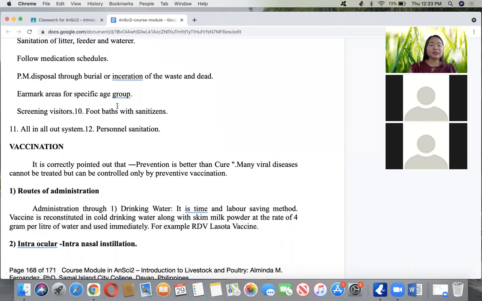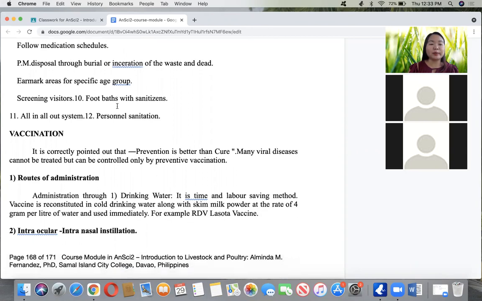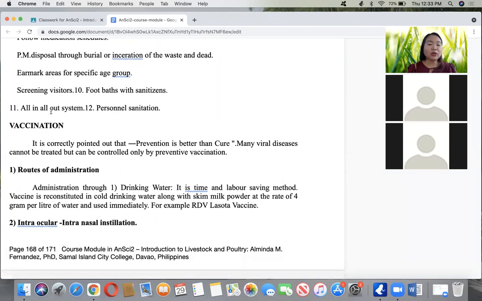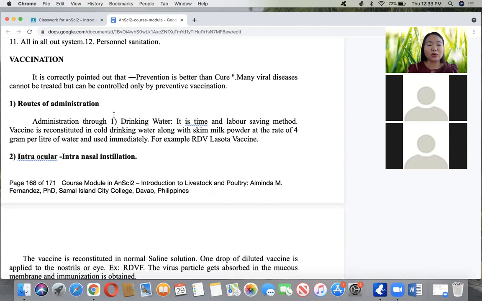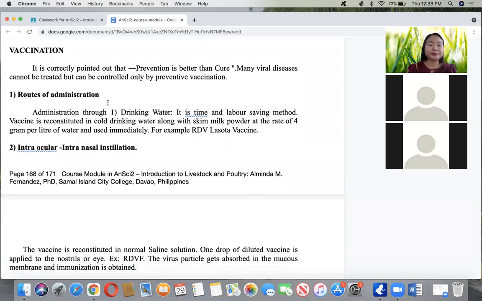Earmark areas for specific age group and screening visitors. Kailangan foot baths. May mga foot bath na ilalagay sa bawat entry with sanitizers. And all-in, all-out system is very helpful para isahan lang yung paglilinis and personal sanitation. Maski ang nagbabantay should be sanitized.